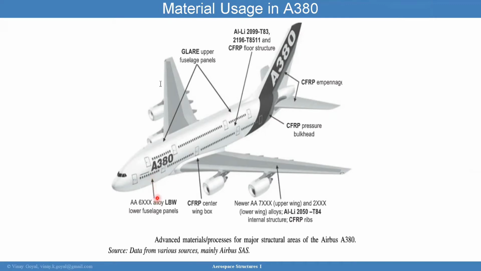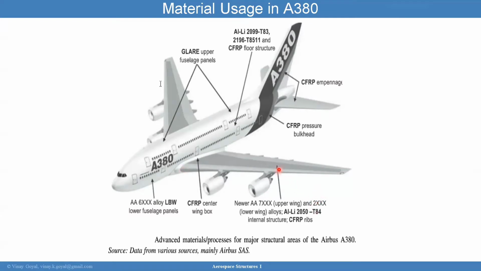The one they chose was less sensitive to corrosion. And then the center wing box where the wing goes and connects is made of carbon fiber reinforced plastics, which is a very strong material and provides you high strength, low weight, limited amount of corrosion, high shear values.